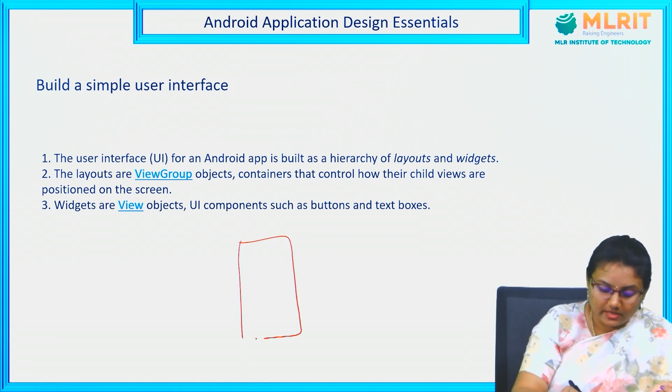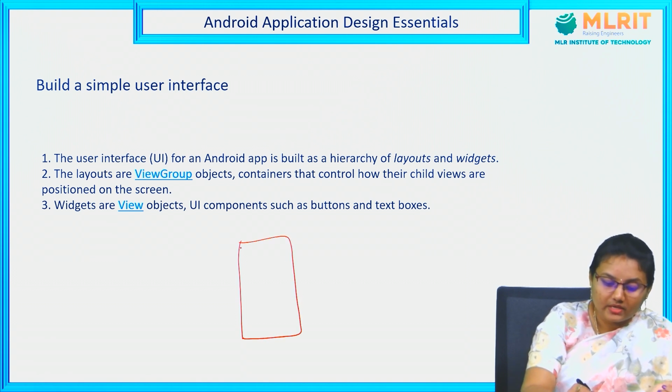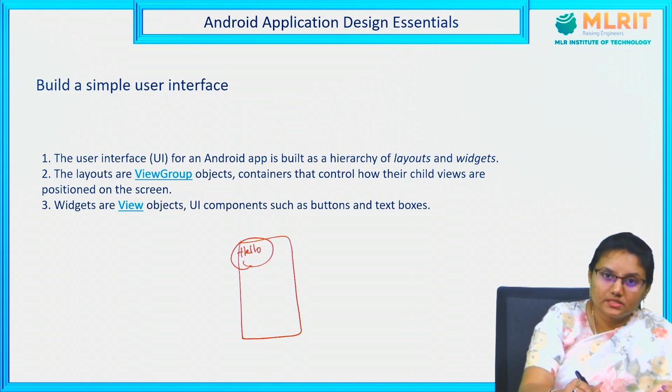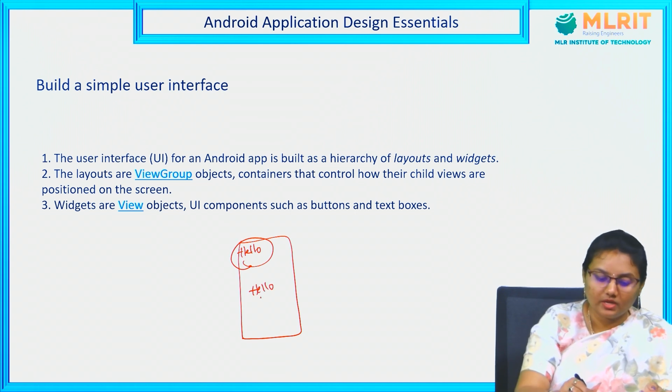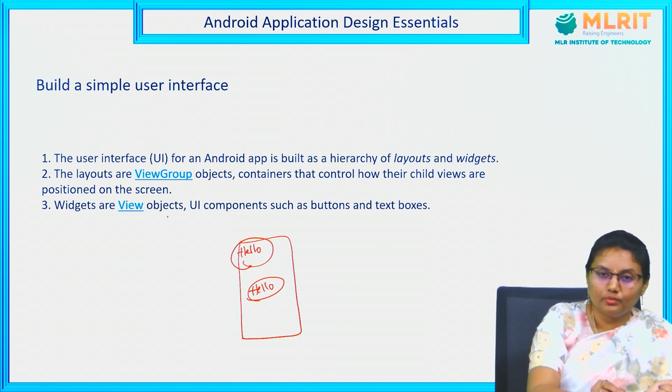Suppose you have a layout and I want to print hello at the top right corner. I have to customize it in such a way that it prints there only. Or if you want to print it at the center of the layout, then this is also at the center. That is your ViewGroup.